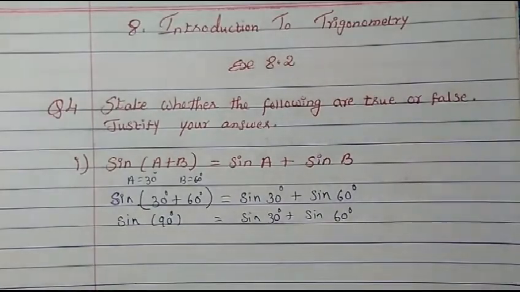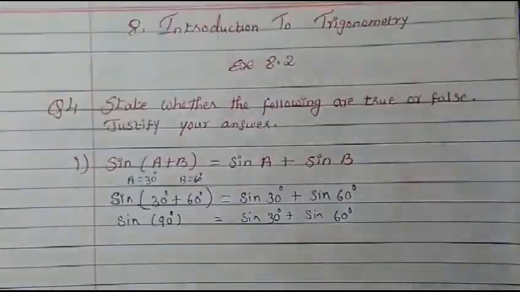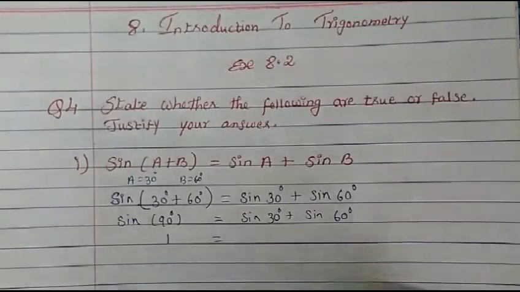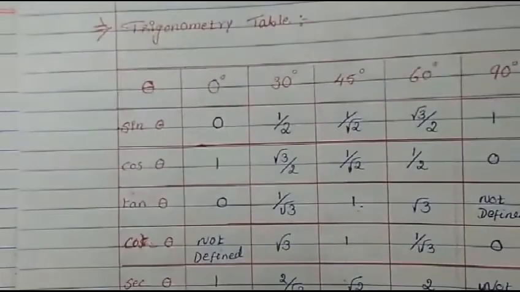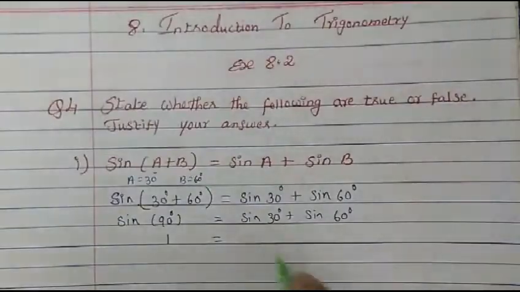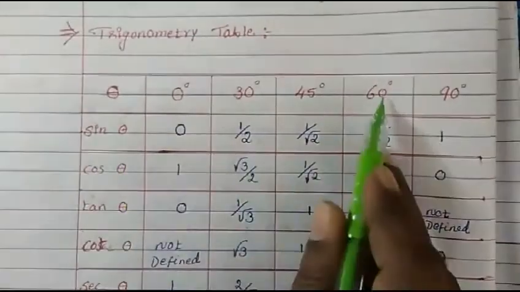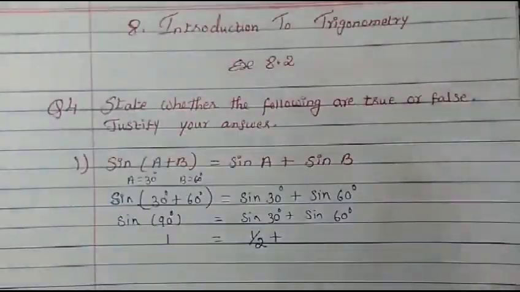Let's put the values now from the trigonometric table. Sine 90 degree value is 1. Sine 30 degree is 1 upon 2. And sine 60 degree value is root 3 upon 2.